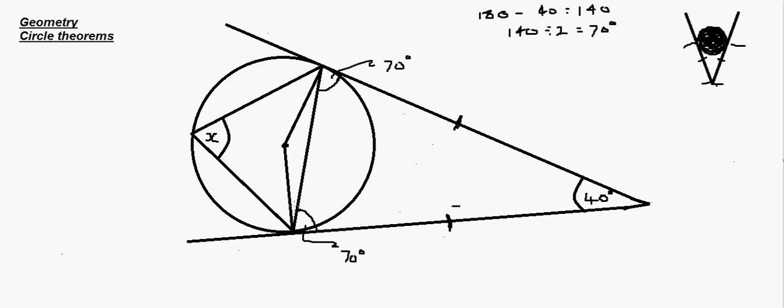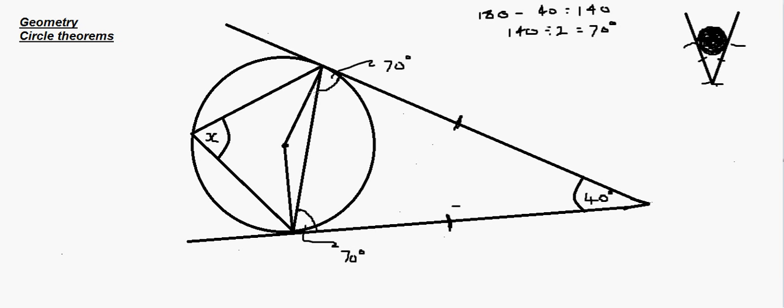But we've got this little tiny angle in here and this tiny angle in here, because this is the radius touching the tangent. Now I know that the radius touches the tangent, as I said, at 90 degrees. So we have 70 degrees here.